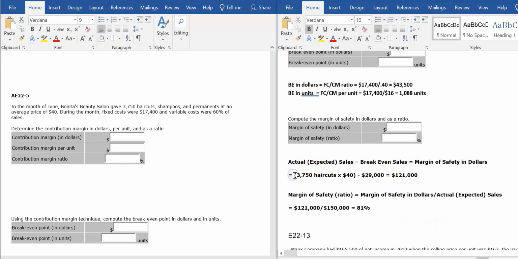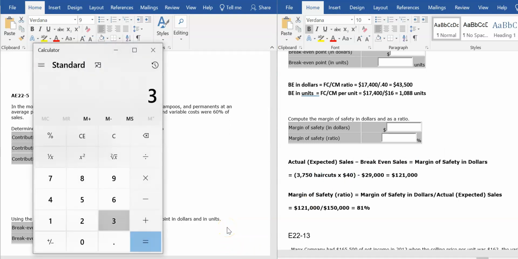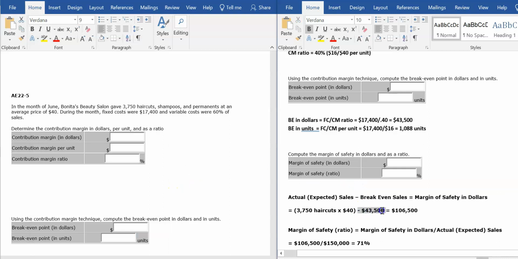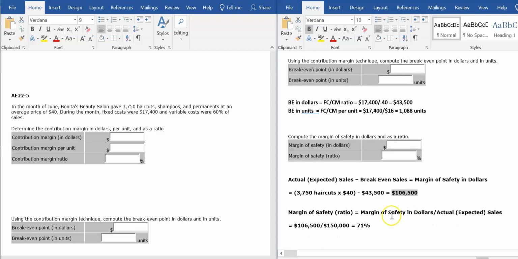Doing it in dollars, the total sales, 3,750 services sold times an average of $40, $150,000 was earned in sales. Subtract out break-even sales to get to a margin of safety in dollars.